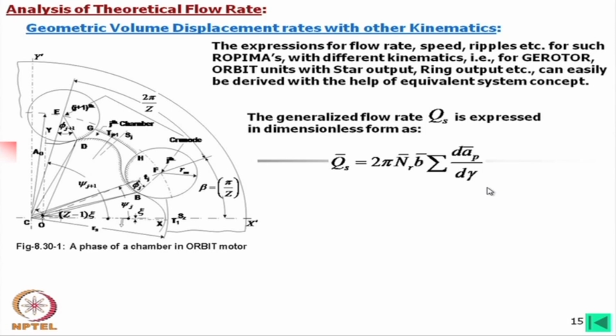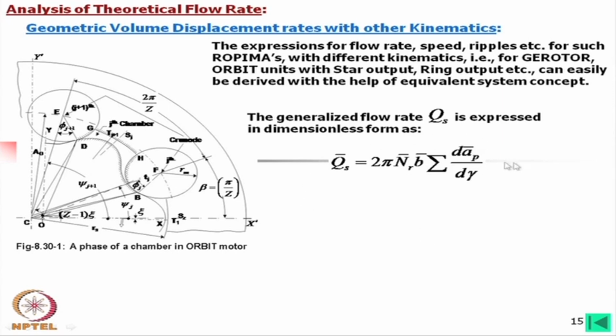The general flow we can express, what we have derived, this is 2 pi n r, where n r is the output rotation and b is the width. So, d a p and d gamma, this gamma is the general angle of rotation we have given.